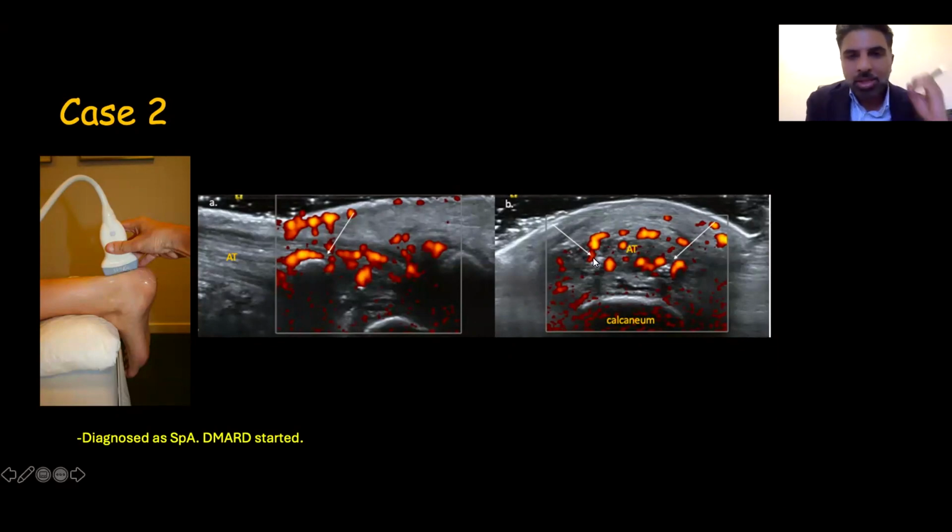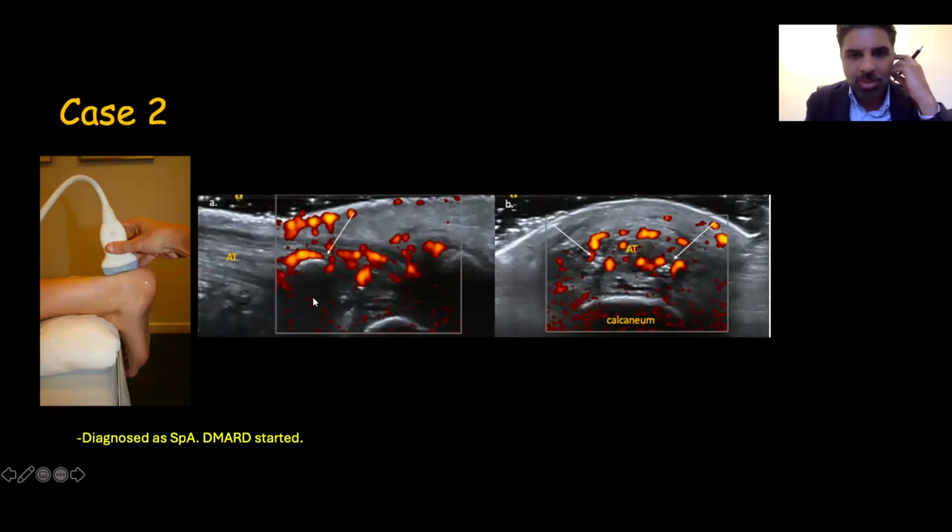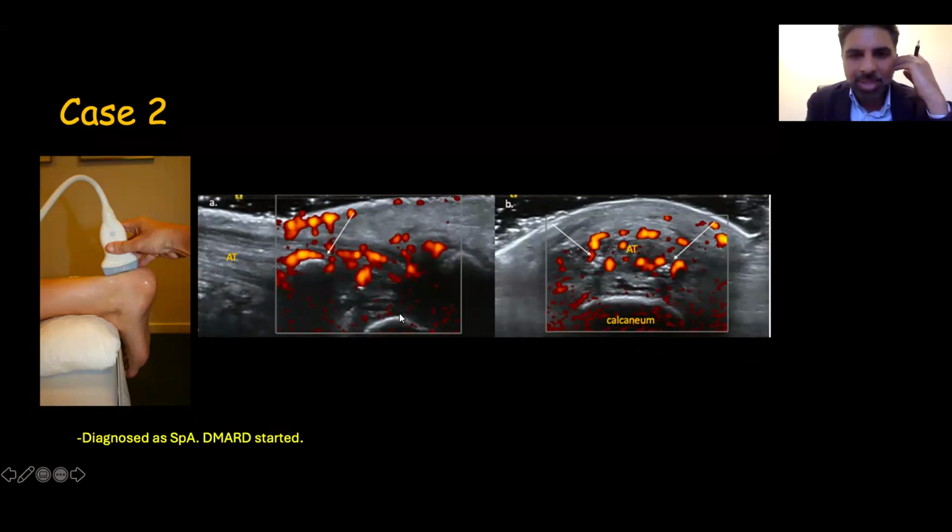There's actually quite a lot going on within this Achilles tendon on ultrasound. She's got some enthesophytes. There's also a slight bit of effusion and some calcification as well.